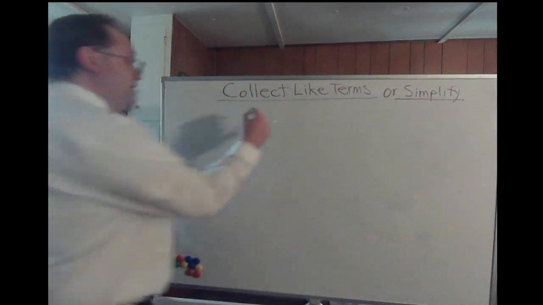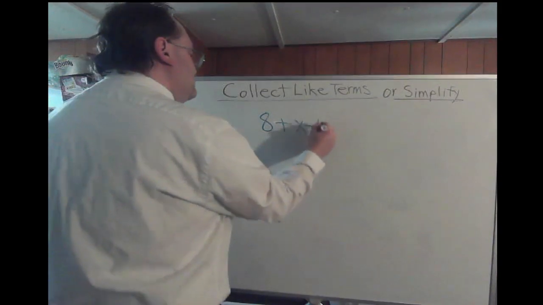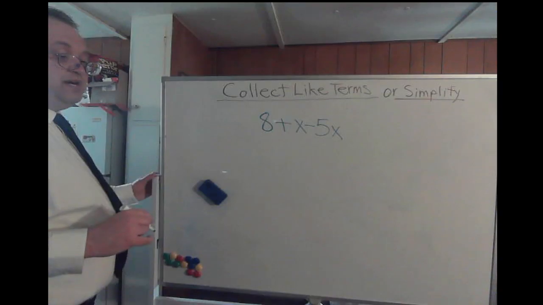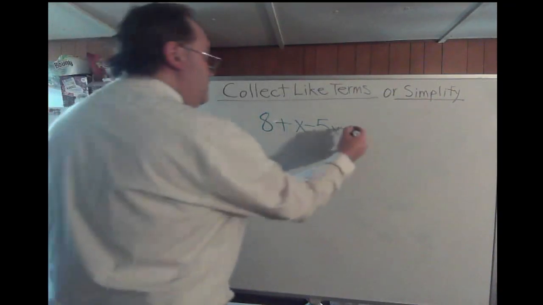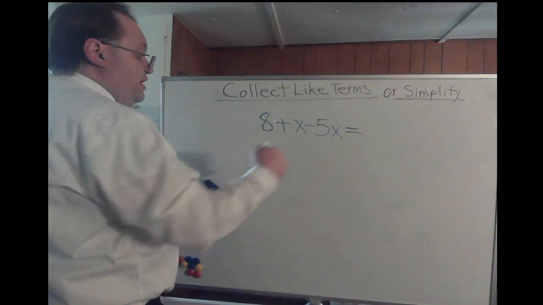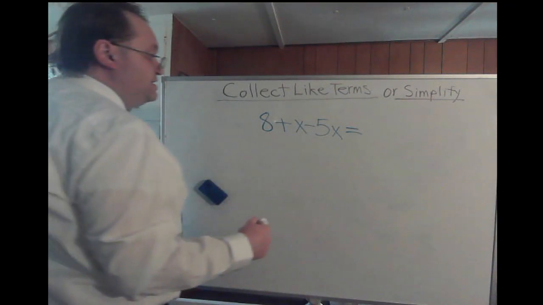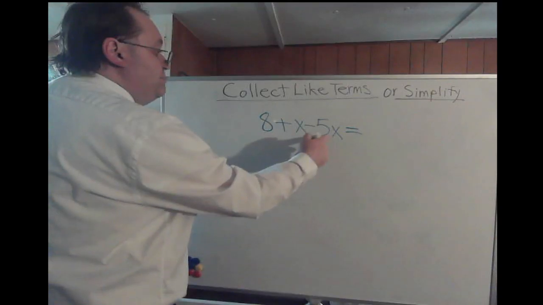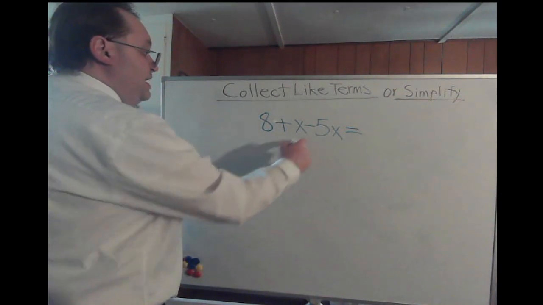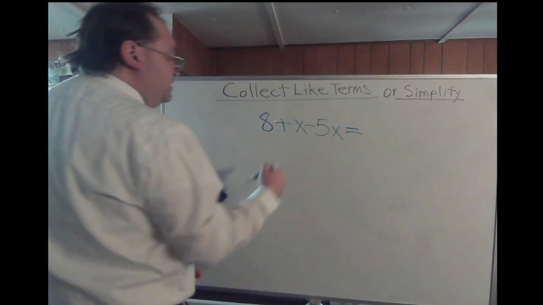Alright, how about 8 plus x minus 5x? We can start with our variables here. We'll leave the 8 alone for a minute, because we see x and minus 5x, those are like terms. So you just simply subtract the coefficient of 5 from 1.